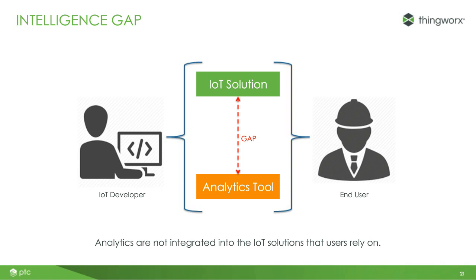It's not really integrated into the solution that the users are using, and it's creating what we call this intelligence gap that exists between an IoT solution that's built on top of a platform and the translation of raw data and information that's contained within the analytics tool. And that's really what we look to provide with our platform.